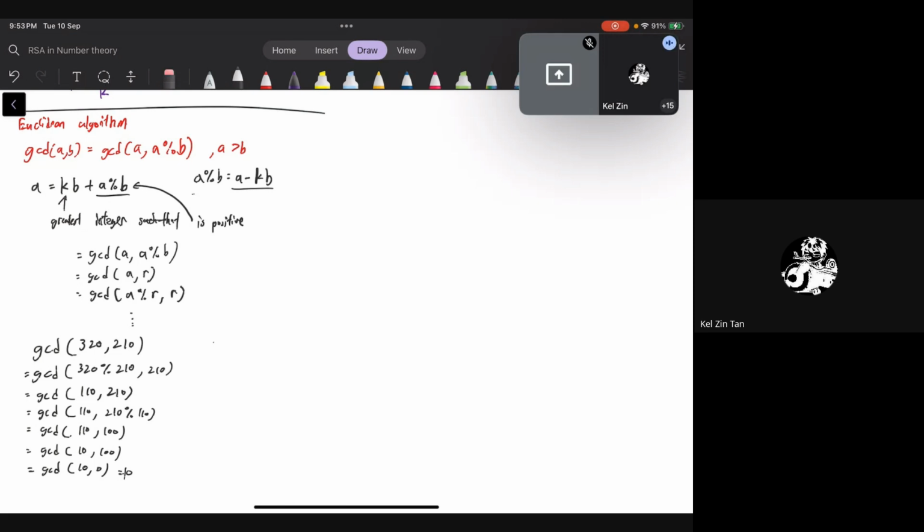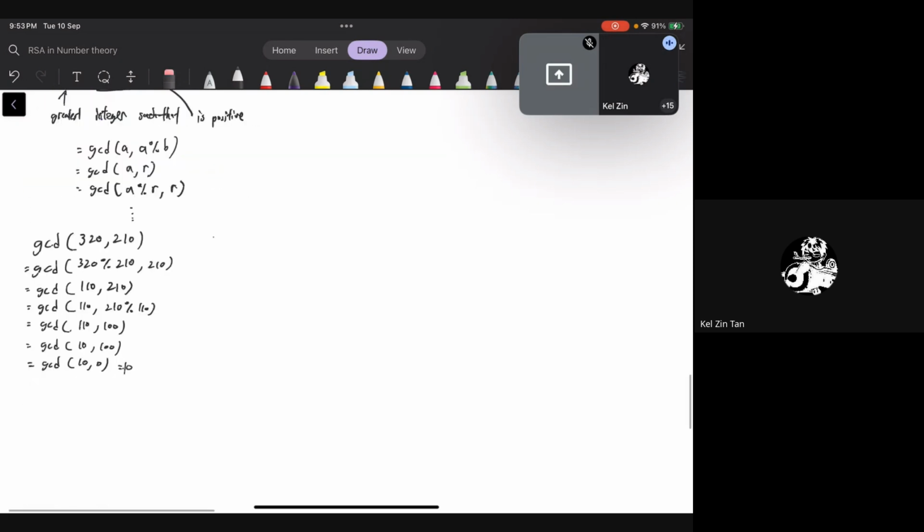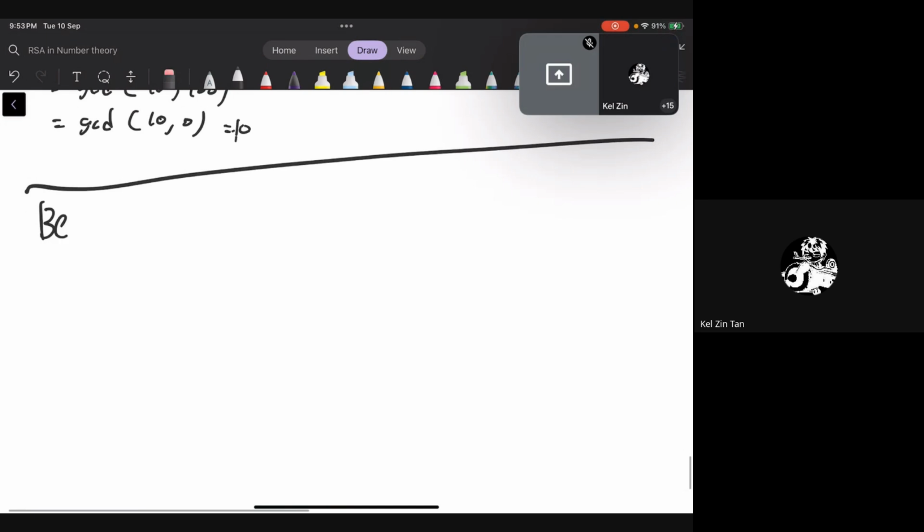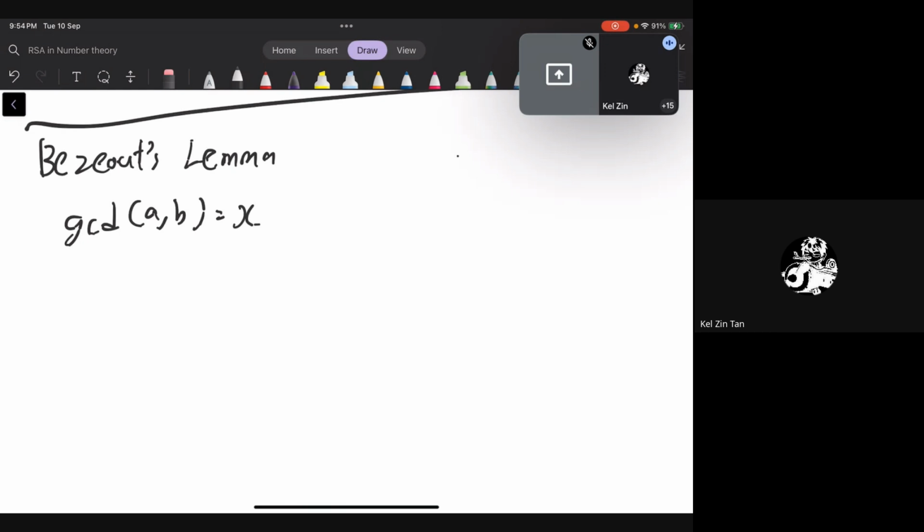Originally I also wanted to talk about, okay, maybe I just talk about Bezout's lemma now. So this is just a result. Bezout's lemma says that if the GCD of A and B is equal to X, for example, then you can find K and H such that this thing holds.